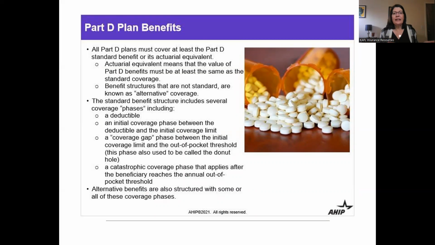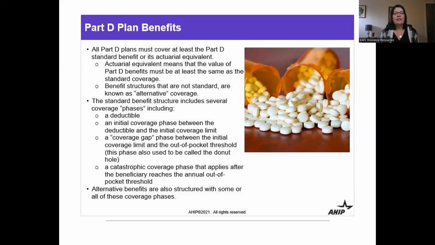Part D plans, whether standalone or part of a Medicare Advantage plan, can be better than the standard benefit, but can't be worse. We'll go into that in a little more detail when we get to that screen. So all Part D plans have to cover at least the standard benefits.